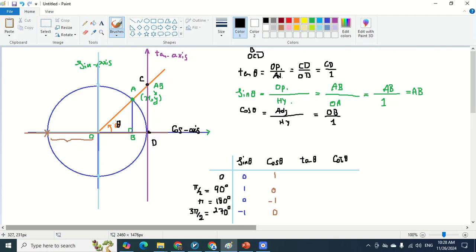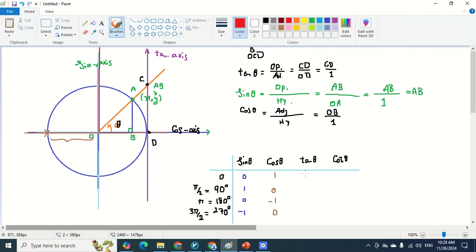At point 0, if I have the ray over here and the angle is equal to 0, then it crosses the tangent line at point 0, and the value increases, and so on, up to 90 degrees. When we have 90 degrees, these two lines are parallel, and if two lines are parallel, they never cross, they never meet each other.